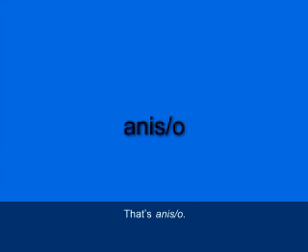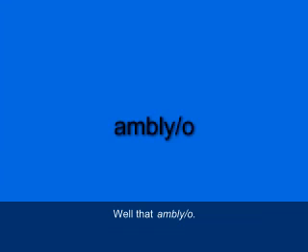And we got two more here. What is the word part that means unequal? That's aniso, ANIS/O. And finally, what is the word part that means dim or dull? Well, that's amblio, AMBLY/O.